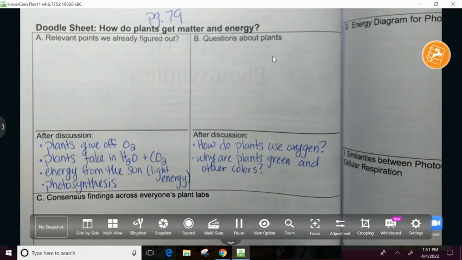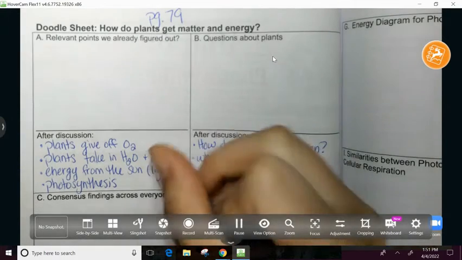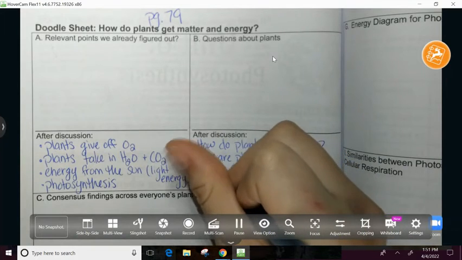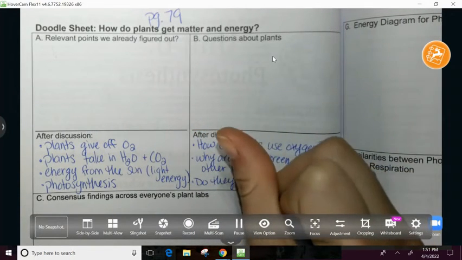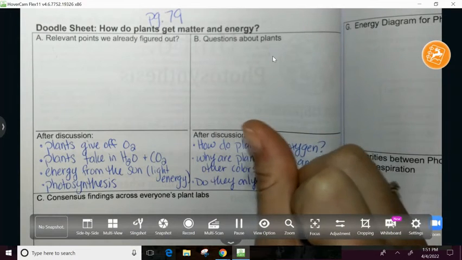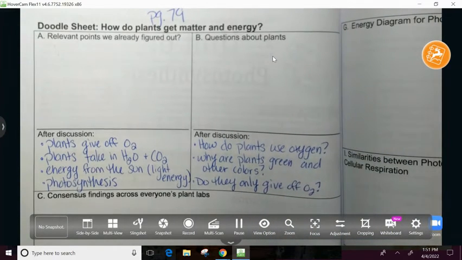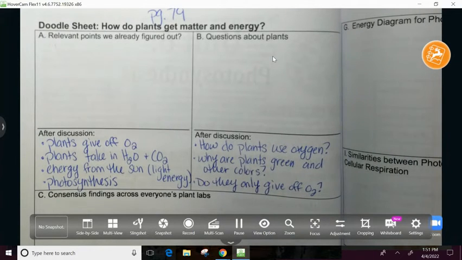Why are plants green or other colors like the flowers? And do they only give off oxygen? Now, you might have some other questions, but those are some main ones that I've had from years past.